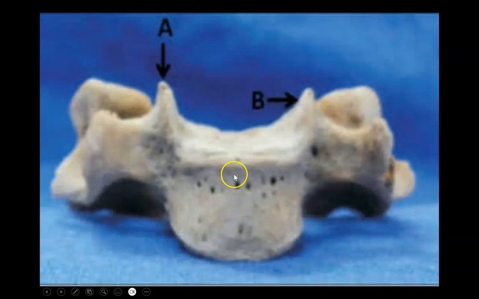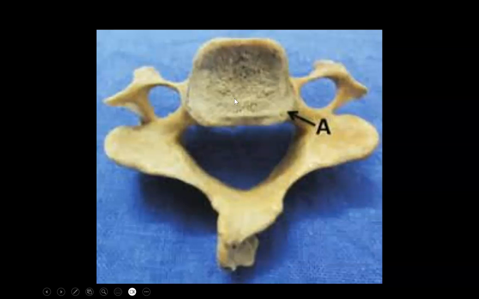Another view, anterior view of vertebrae, upper border of the vertebrae, uncinate processes articulating with the body of the vertebra above, uncovertebral. This is an upper view, and you see it in the upper surface of the vertebra.